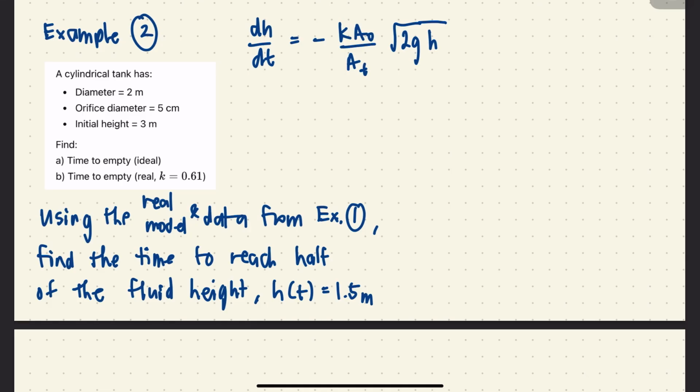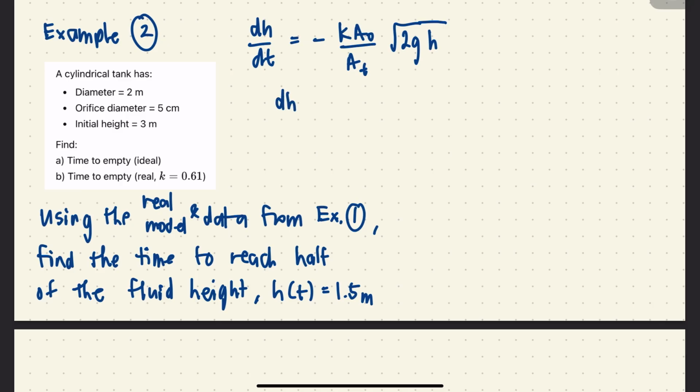The next example will be using the same data from the previous example and using the real model. We are asked to find the time to reach half of the fluid height, h equals 1.5 meters. So using your real model, we separate our values.